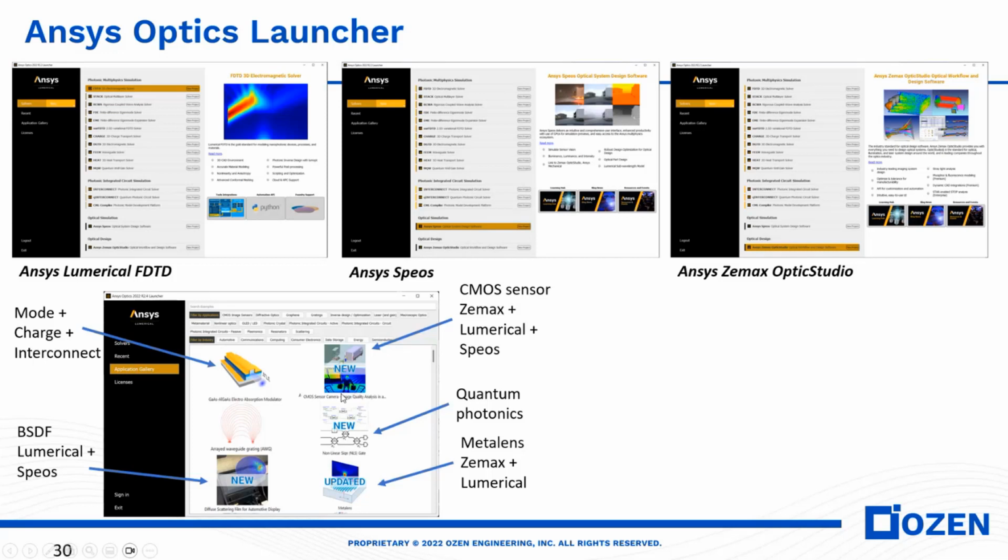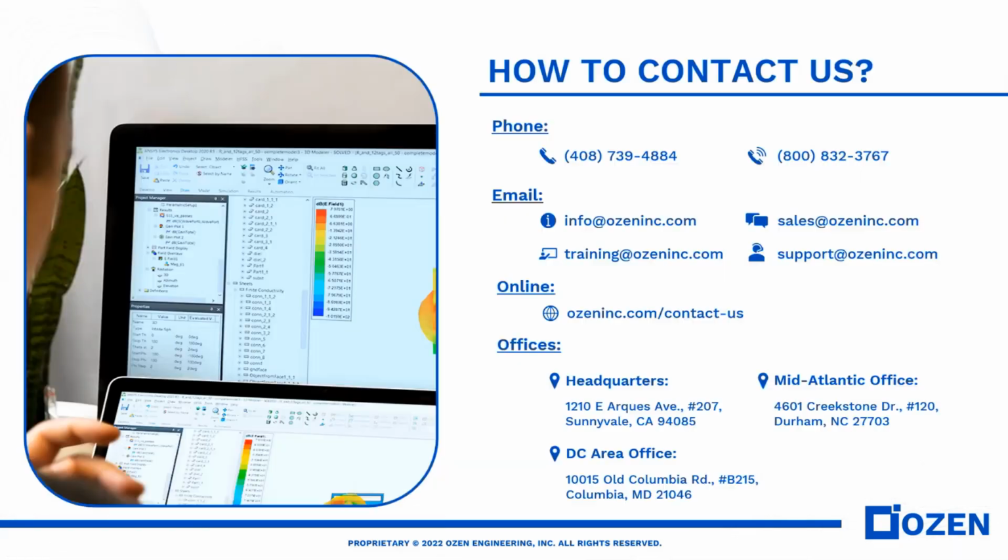If you go to this example, you can see how this workflow works, how a designer can design an image sensor, then do the ray tracing, and then do some human vision analysis. Or other examples like metalens or LED.